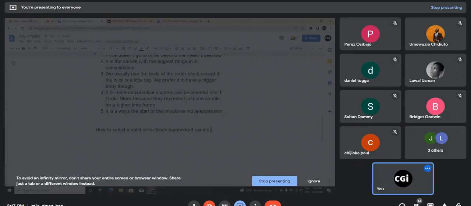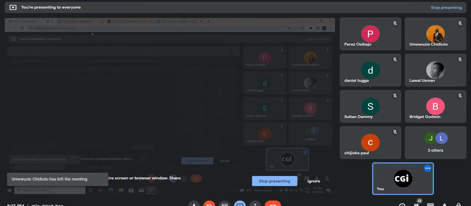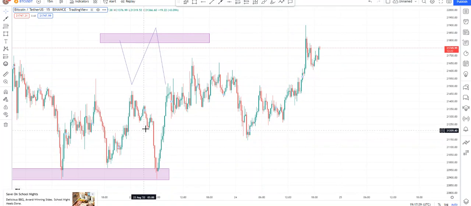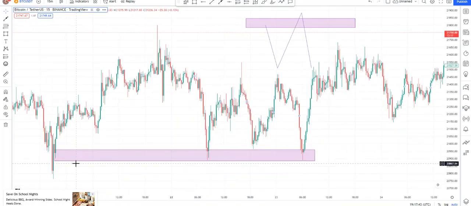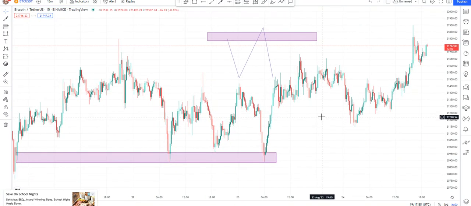The sponsor candle is an order block, but it is the special type. It is the type that you should trade from, and not the other normal ones. So when you're looking at a chart like this, you should neglect most order blocks and just look for a sponsored candle on the charts. That's basically it.